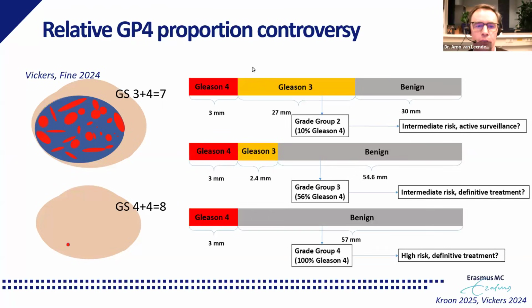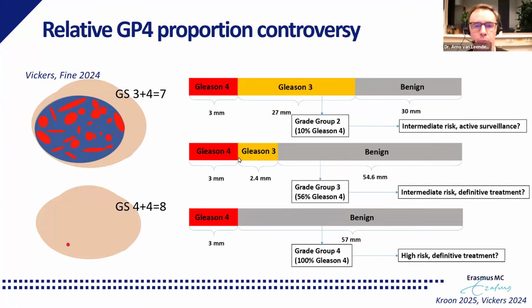Another way of looking at that is just as biopsy examples. Here we have an example of 3 biopsies, and all biopsies have the same volume of pattern 4, 3 millimeter. But the one on top also has Gleason pattern 3, and the Gleason score would be 3+4 is 7. This patient would be favorable intermediate risk and could still be eligible for active surveillance if no cribriform pattern were present.